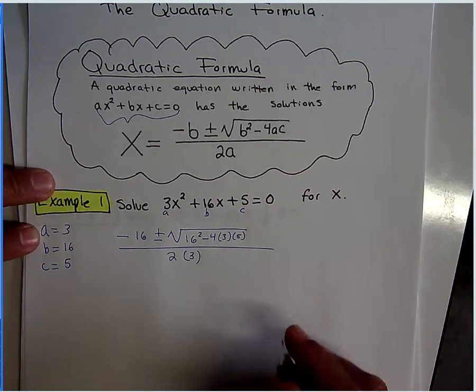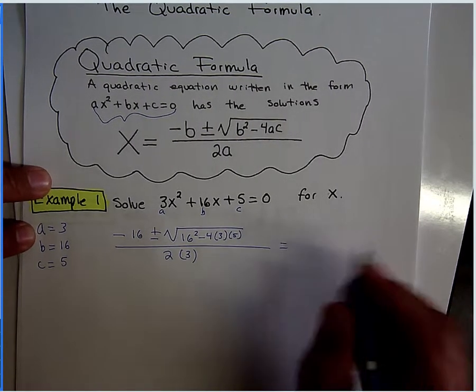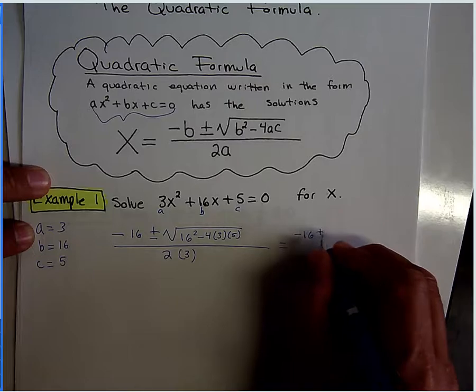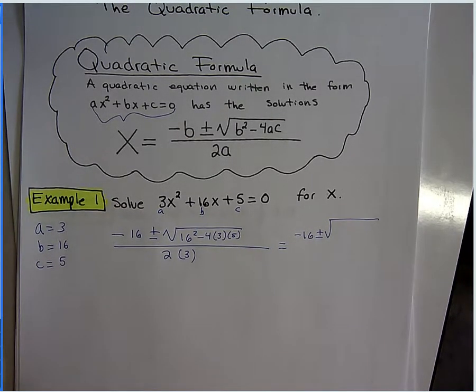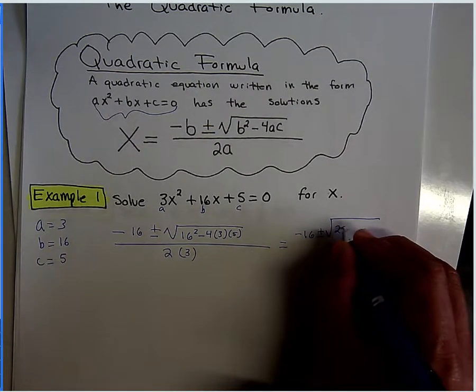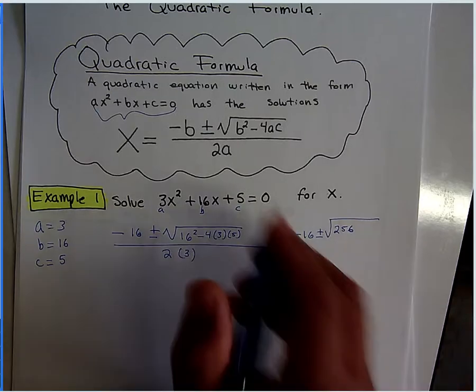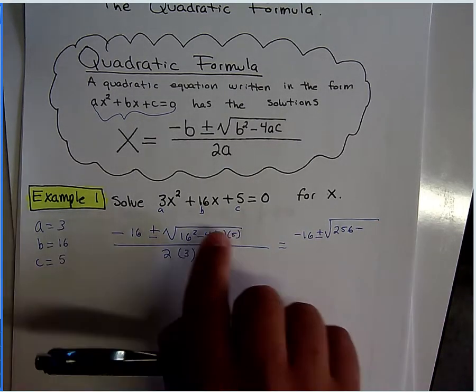And then you go ahead and solve for this one first. So negative 16 plus minus, 16 squared is 256, which is this part, minus 4 times 3 times 5.